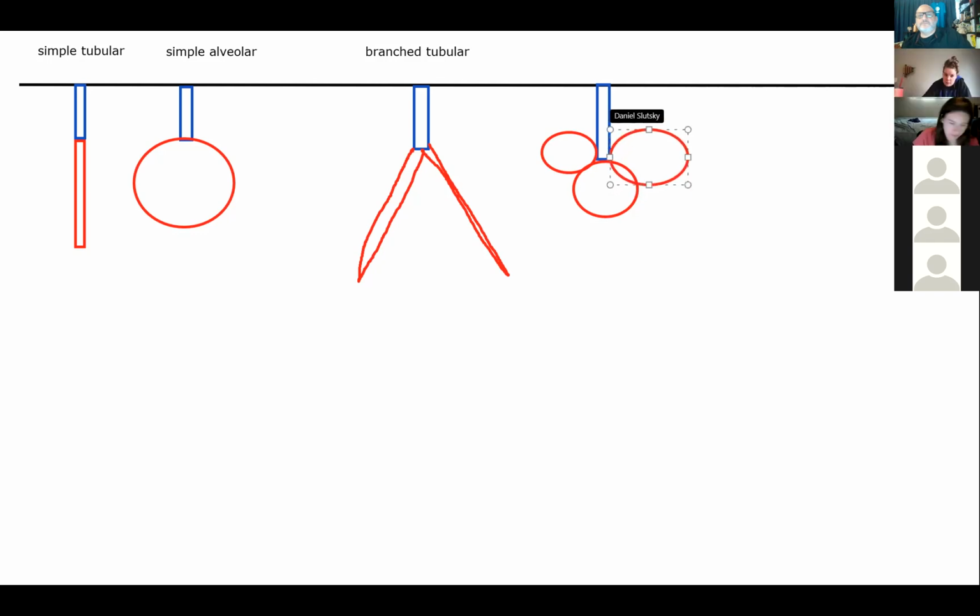Compound gland? No. One duct, no. Two or more secretory structures that are ball in shape. Branched. There you go. Branched alveolar. And again, anywhere I've said alveolar, remember, you could also say acinar because those terms are interchangeable.